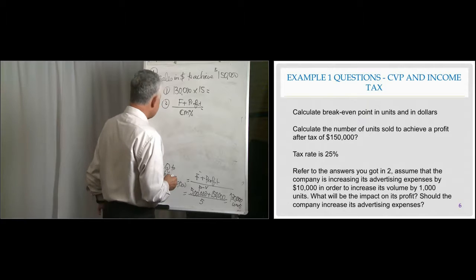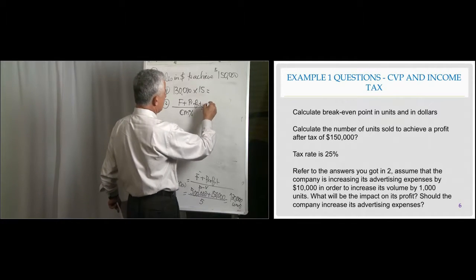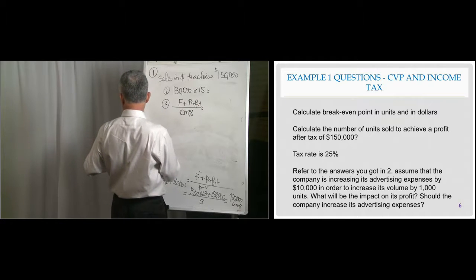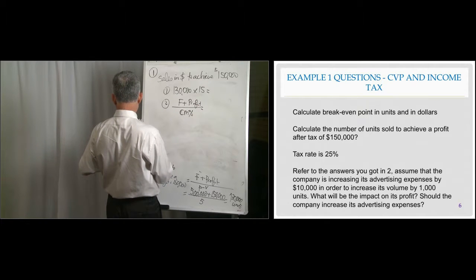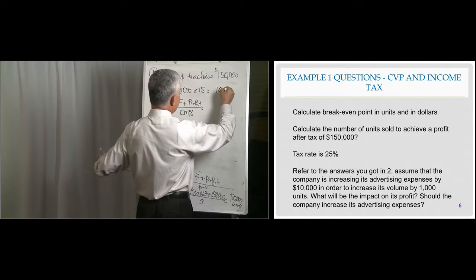Okay, so when we say contribution margin ratio, here we calculated it. So what do we have here? Sales in dollars is going to be 130,000 times 15, which is 1,950,000.